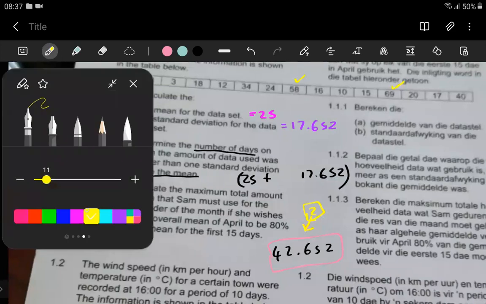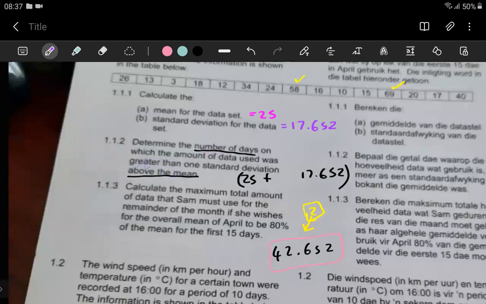So they want you to pick out how many numbers are greater than one standard deviation above the mean. What you do is you take the mean, you take the standard deviation and you add it once, you get a number. And then you compare which numbers are above this number. If they said how many numbers are below one standard deviation from the mean, you take your mean, you remove standard deviation once, and then you look for numbers below that.